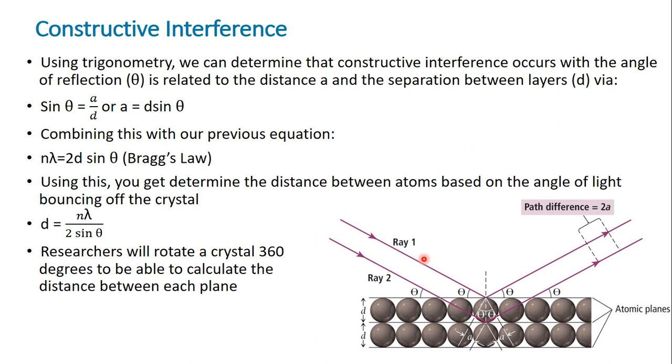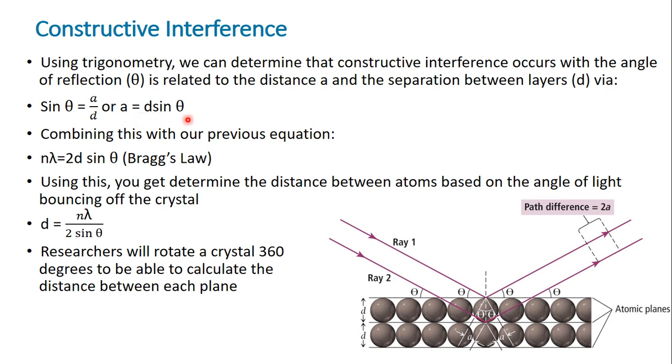And so constructive interference happens when the sine of our angle theta, between our light and our plane, is equal to a, which is related to the path difference, divided by d, which is the distance between these layers. Or a, the difference between the paths, must equal d sine theta.